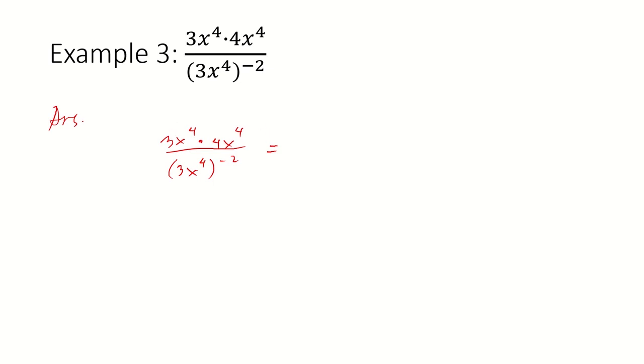So, ibig sabihin, we multiply the coefficients 3 times 4, 12. And then yung sa x natin, like bases. So, add lang natin sila. Dito naman sa baba, okay, meron tayong dalawang bases and then they're enclosed both in a parenthesis with an exponent negative 2.